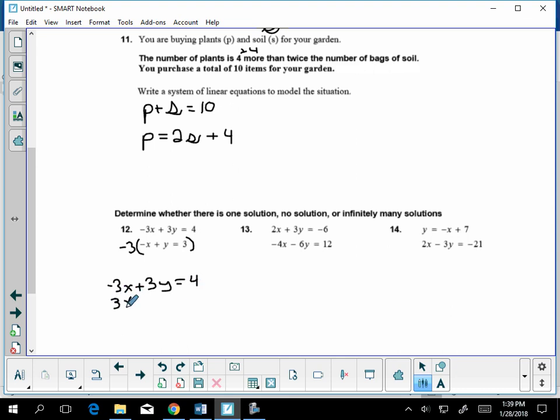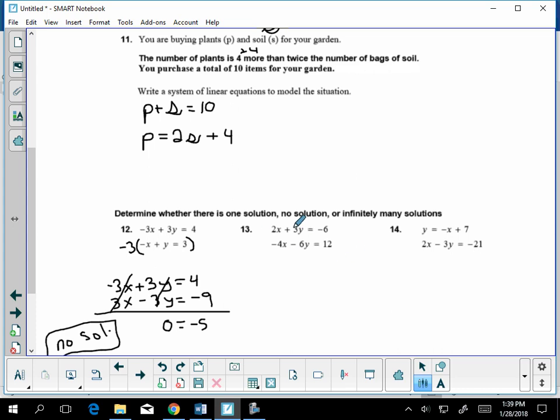Distribute on that bottom equation, 3x minus 3y equals -9. The x's cancel, the y's cancel, and you get 0 equals -5. Now that's not true. So that is going to be a no solution.